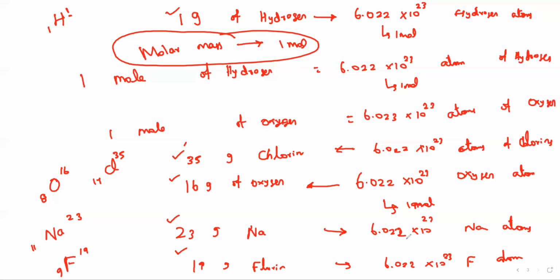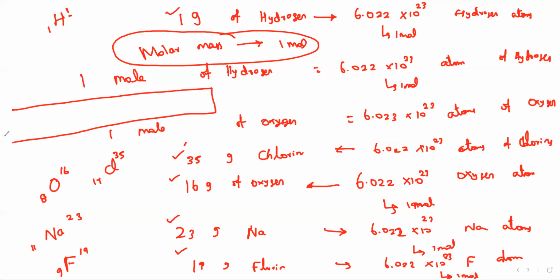You get that? So if you want to react 1 mole of hydrogen and 1 mole of oxygen, for example, in our case, we want to react 1 mole of hydrogen with 2 moles of oxygen. I'm sorry, actually it is not hydrogen, it will be H2 and O2.